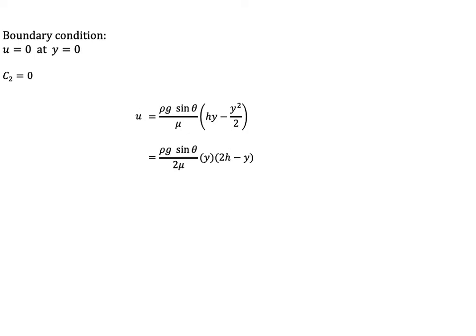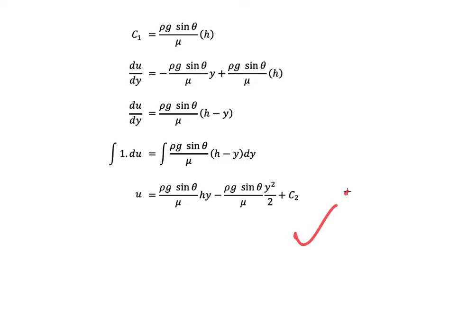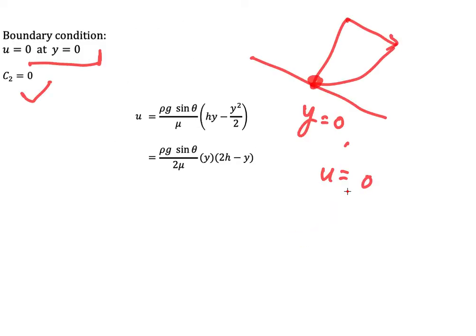So we substitute the boundary condition, y is equal to 0 at u equal to 0. This is because the velocity profile is like this, and we have a no slip condition here. So y is equal to 0 creates u is equal to 0, and then we get the value of C2 is equal to 0. And then if we simplify this equation, we could show that u is equal to this term.